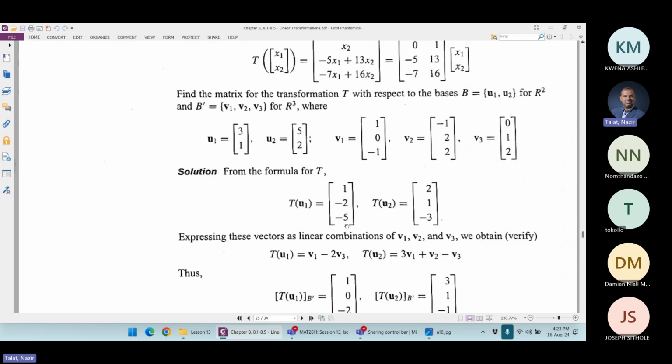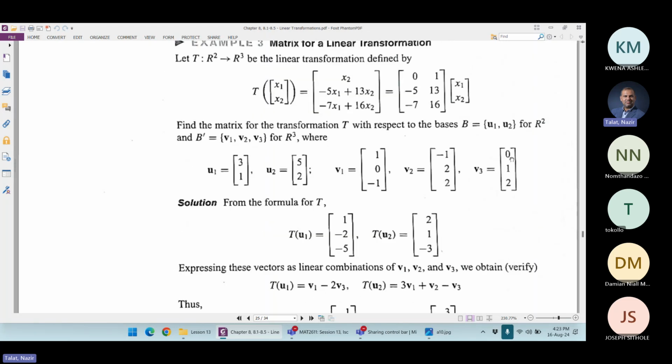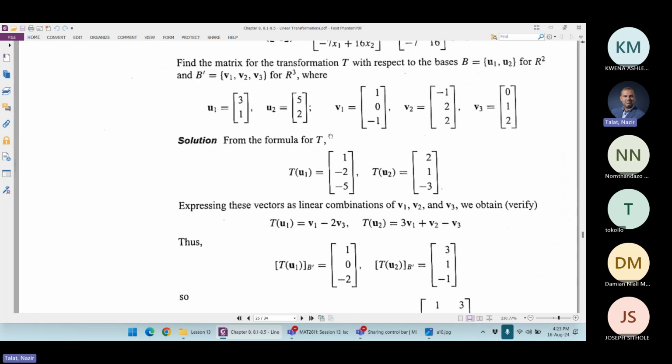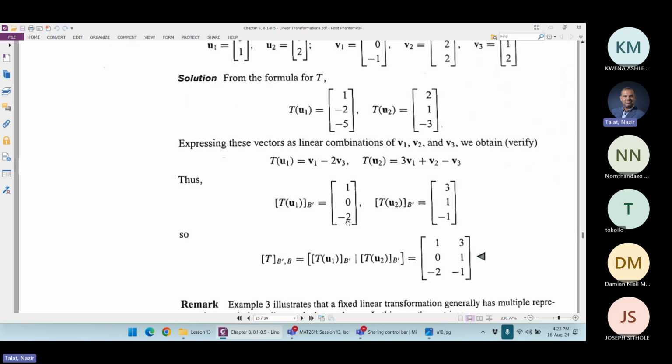Now, from these images, one can see that we can express each as a linear combination of v1, v2 and v3, because v1, v2, v3 is a basis of the vector space. So if we combine only u1 and u2, it means we obtain the matrix transformation with respect to B. And if we express it as a linear combination of v1, v2 and v3, then we can obtain these entries, which are 0, 1, 0, minus 2 and 3, 1 and minus 1.